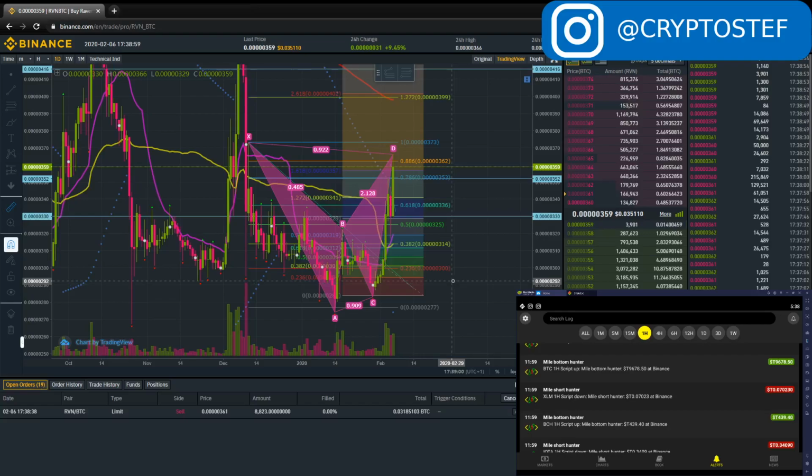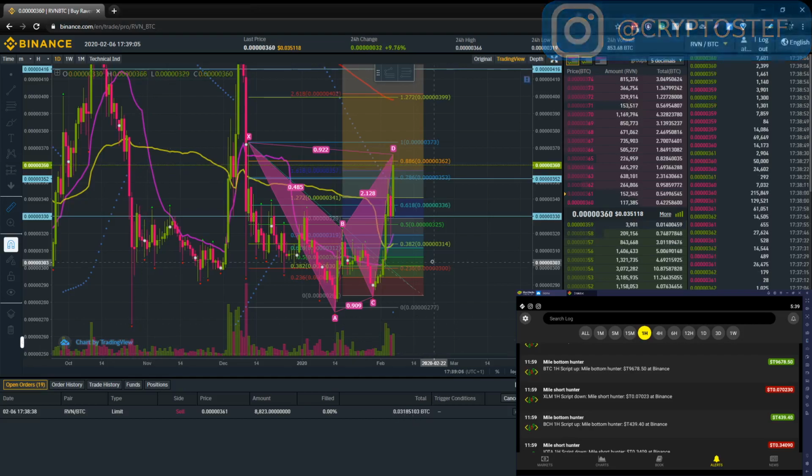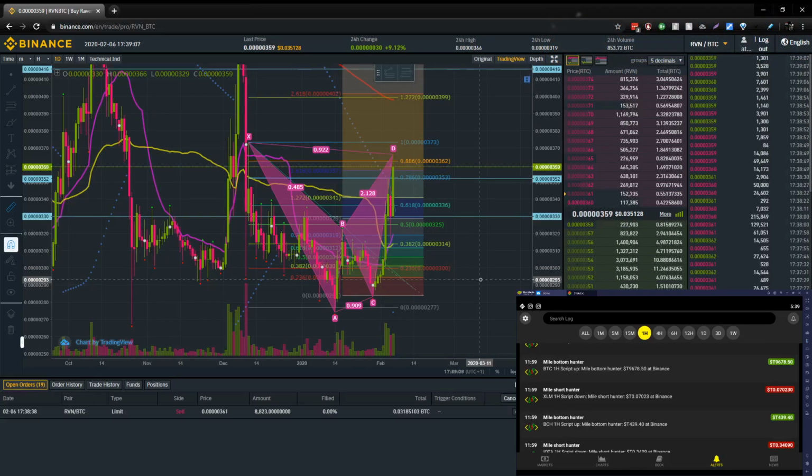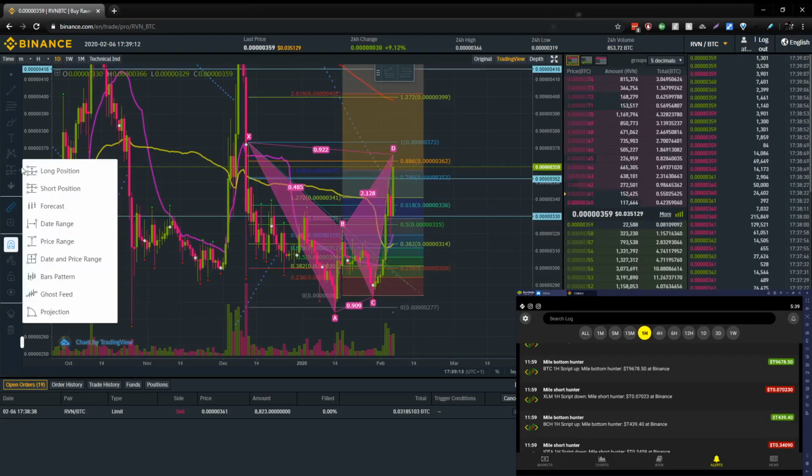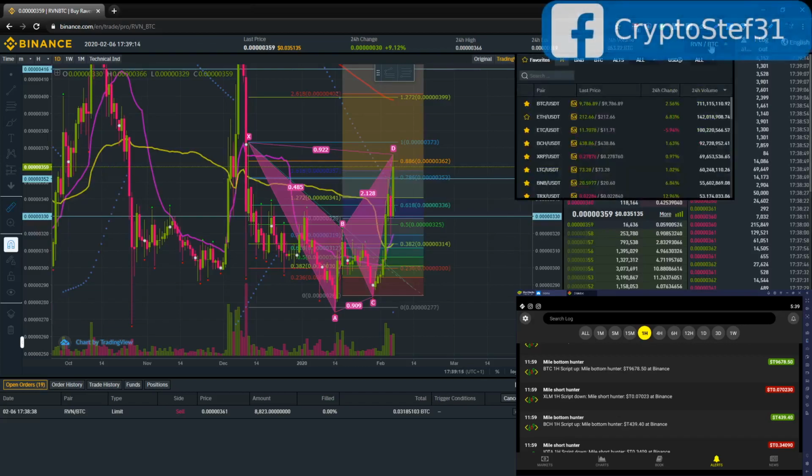So I invested 0.0318 Bitcoin, that's like how much, 200, 300 dollars, and my risk was 10%, so that's why it's so low on my position.